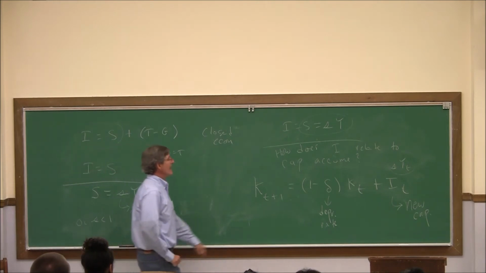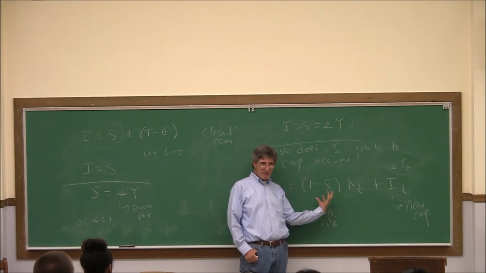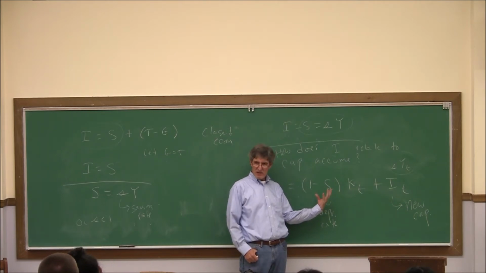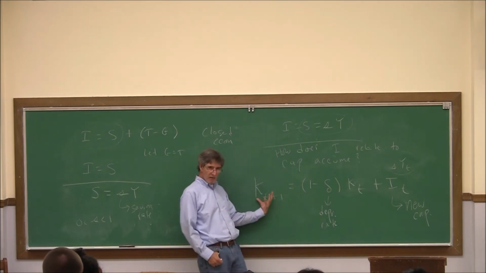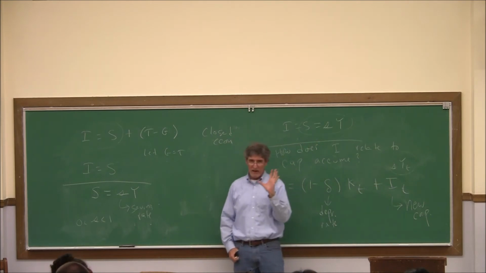So we take, yes, this is what's left over of yesterday's capital after depreciation. Delta's between 0 and 1 here, the depreciation rate. So this is what's left over after depreciation. That's available tomorrow, plus the new stuff. That's all that equation says.